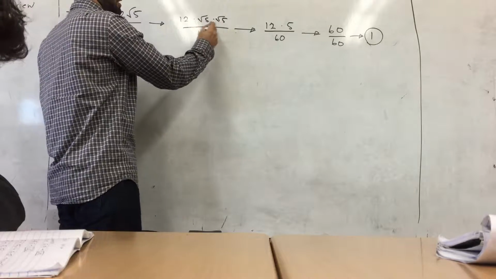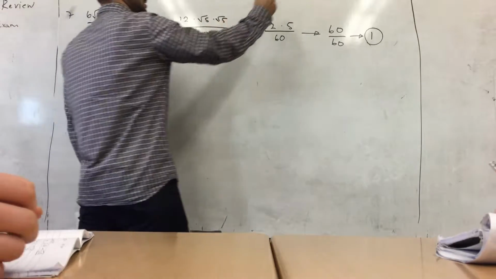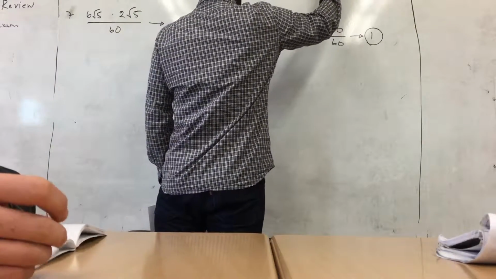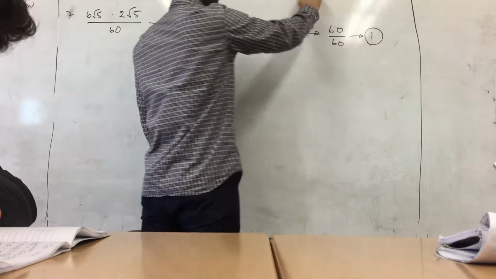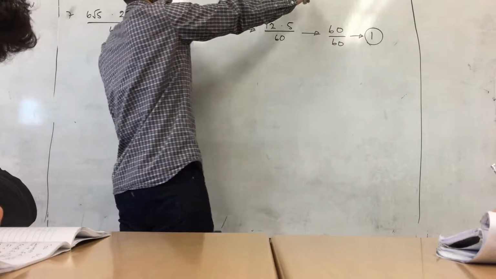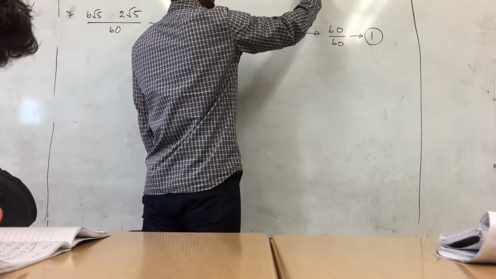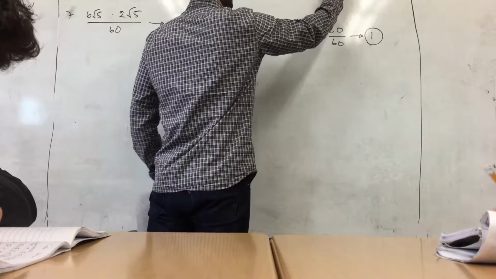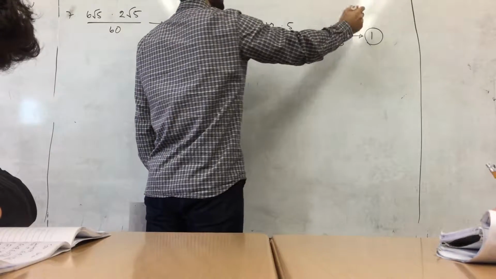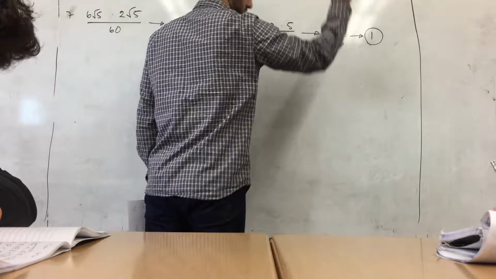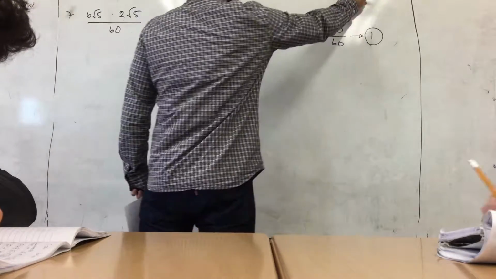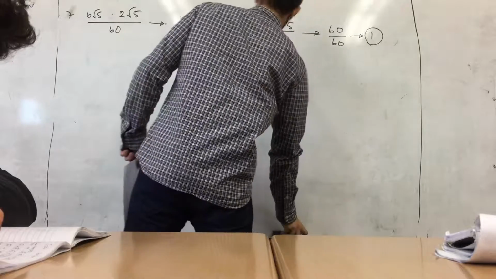Are you okay with this whole root 4 times root 4 equals 4? Why is that? What's the square root of 4? 2, 2, okay, 4. And remember, plus and minus is here. That works for any of these.